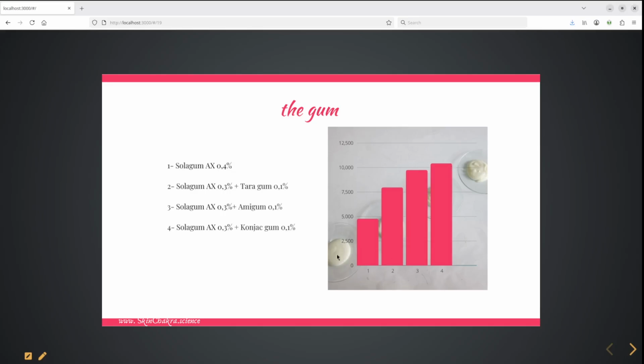You can even see that on the photo. This is the medium viscosity or low viscosity emulsion with Solagum, and here we went to a high viscosity thick cream. So by changing the gum, you make a huge impact on the viscosity of the emulsion, as well as on the skin feel, flow, and even sometimes stability.